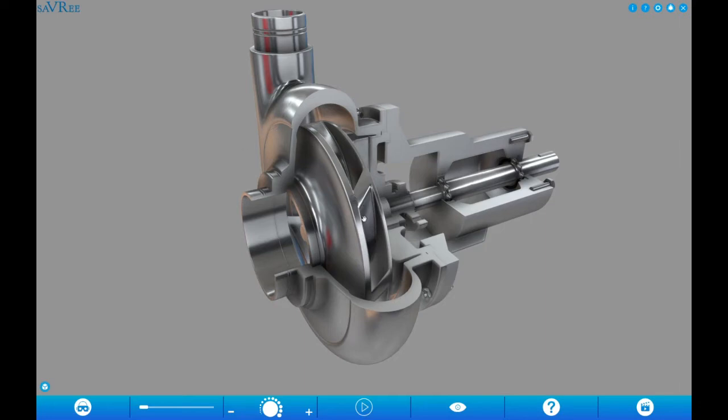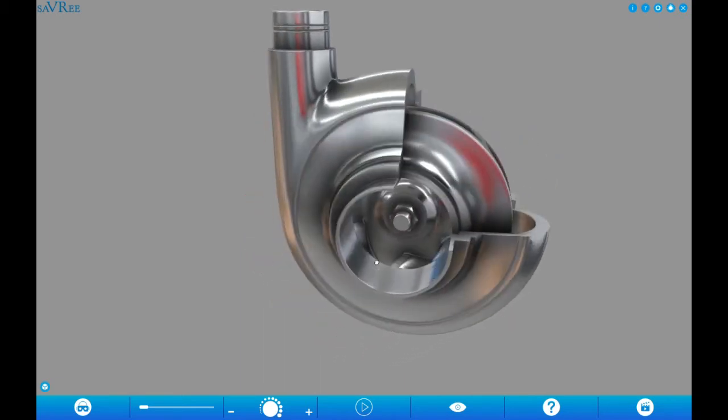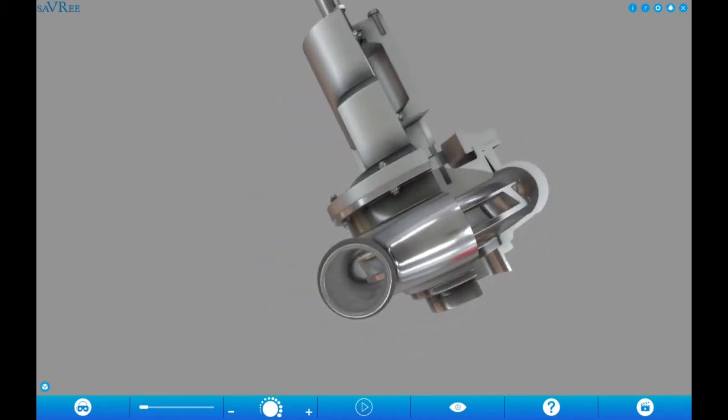It will be rotating at a very high speed, usually 3650 rotations per minute. When the pump is rotating at a very high speed, the pressure will be generated. And this particular pump which I'm trying to show you here has no vane inside it.